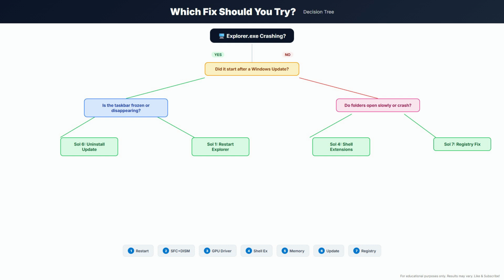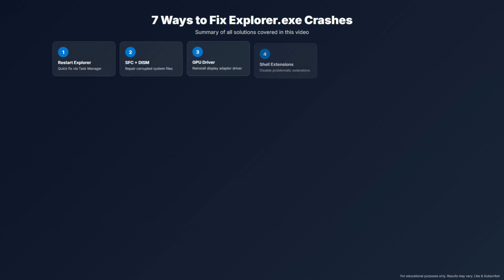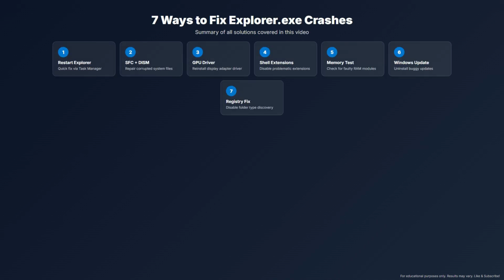If crashes started after a Windows update, use Solution 6. Uninstall the update. If right-clicking causes crashes, use Solution 4. Check shell extensions. If you see memory errors, use Solution 5. Test your RAM. That covers all 7 solutions for the Explorer.exe crash and taskbar freeze.